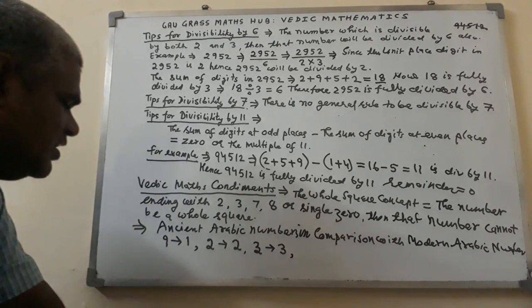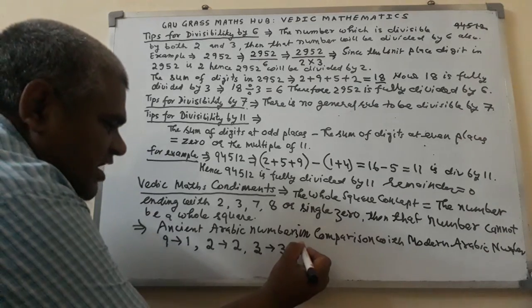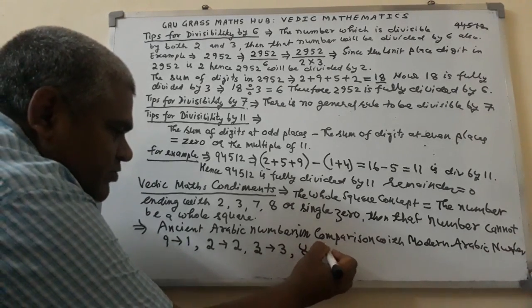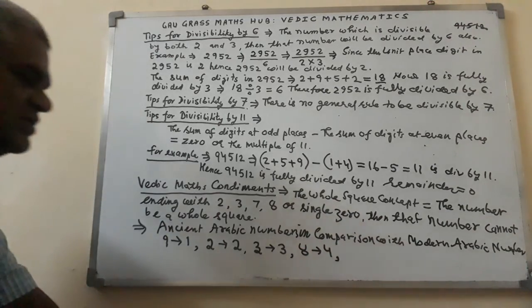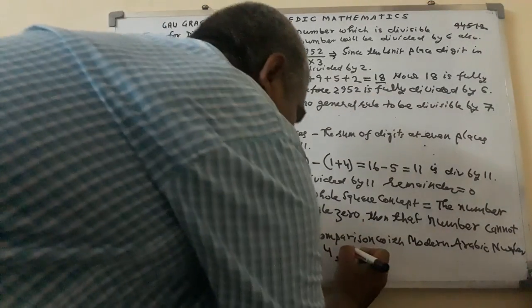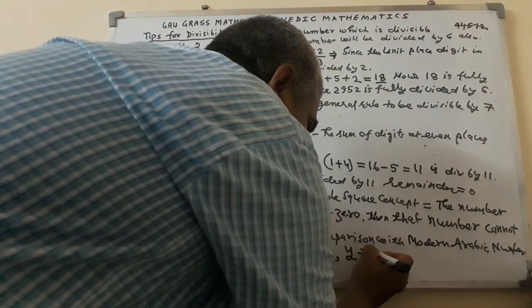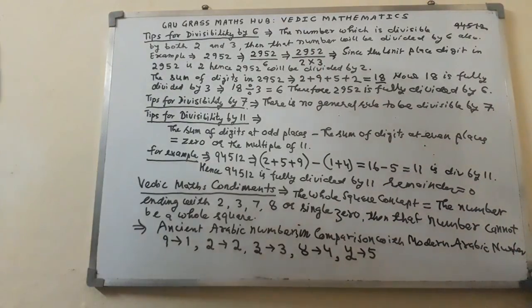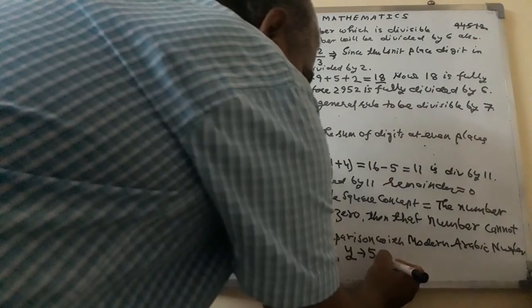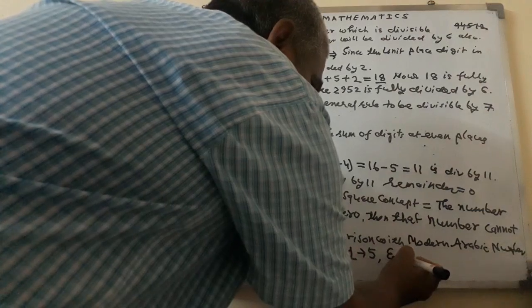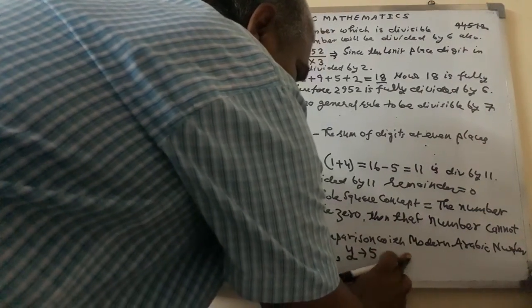Now, ancient Arabic number 4: we know that for 4 we shall write like this in English. 5 will be written like this. 6 in English we know this is 6.